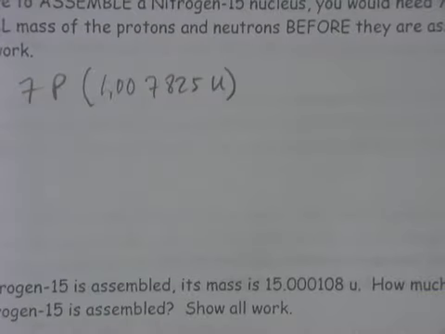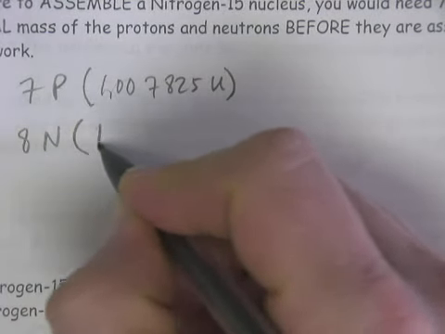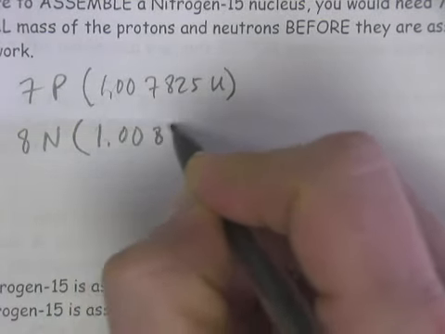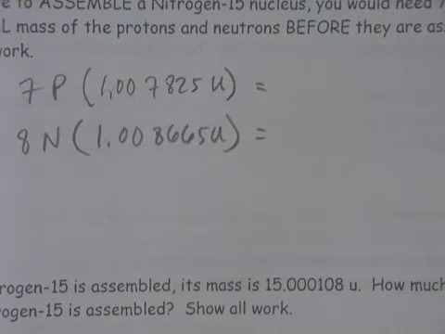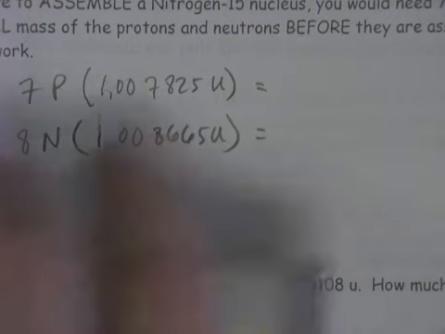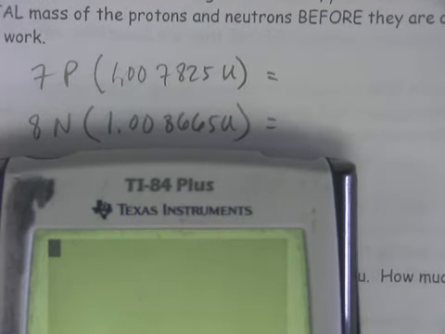And so there's the first one. We also have 8 neutrons, and the mass of a neutron is on the previous sheet. Now, if you need to, don't hesitate. Stop the video and take the notes, because you're definitely going to need those as you move forward in this unit. All right, so I've got it set.